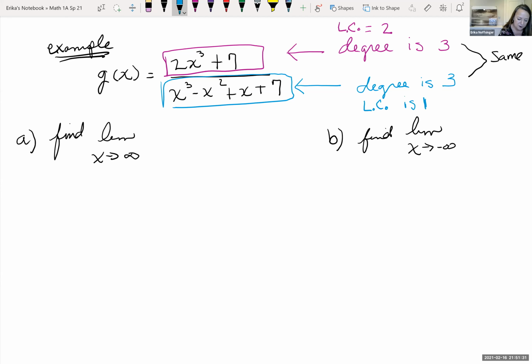So I can tell that I have a horizontal asymptote at y equals my leading coefficient of the numerator, which is 2, divided by the leading coefficient of my denominator, which is 1. So y equals 2.